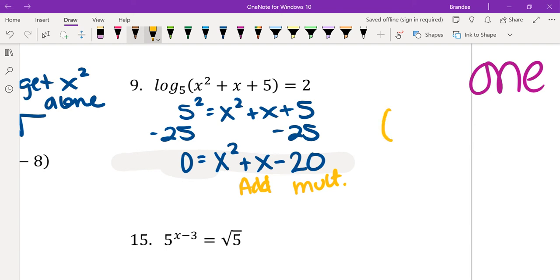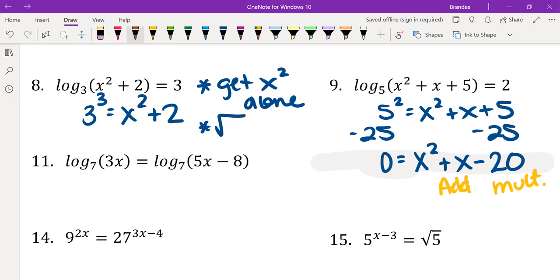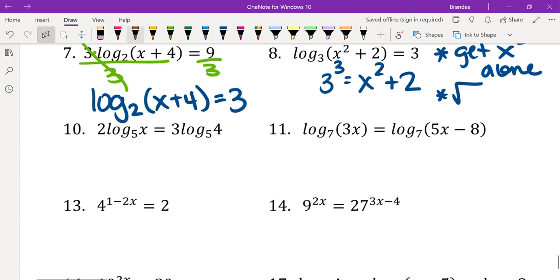So let's say I had x plus 2 and x minus 3. You would take each of your factors and set them equal to 0 and solve for x. So you guys should be okay with that one now. I'm not going to review how to factor right now. You guys should have notes from that and you should remember how to factor.